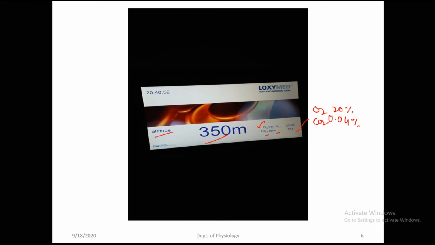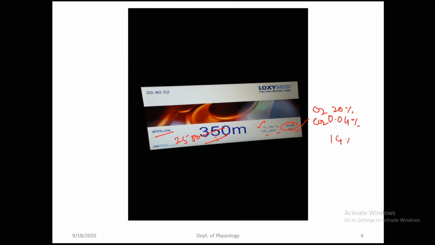In fact, this monitor will continuously monitor the oxygen levels inside the room. As and when you switch on the chamber and set the required altitude, the chamber automatically becomes the required altitude chamber. Supposedly I put in 2500, it becomes 2500 here.